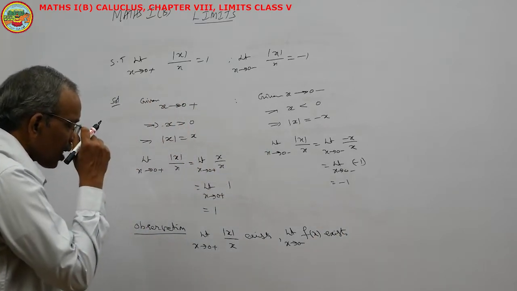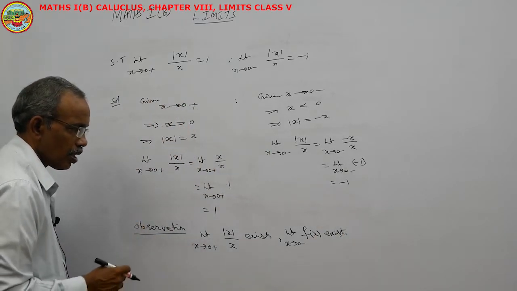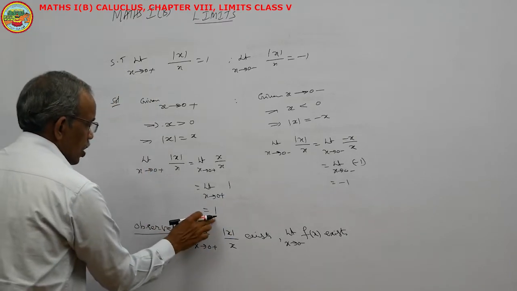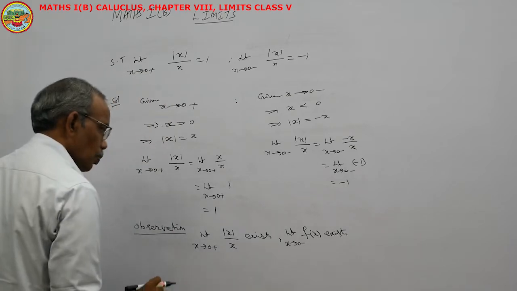Right hand limit and left hand limit both exist but are not equal. Right hand limit is equal to plus 1 and left hand limit is equal to minus 1.